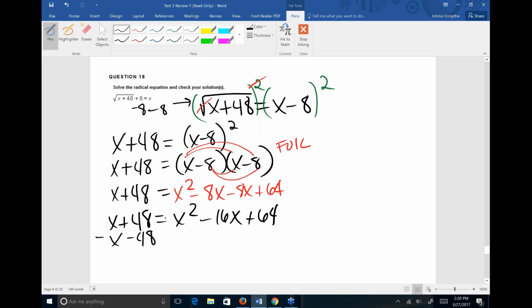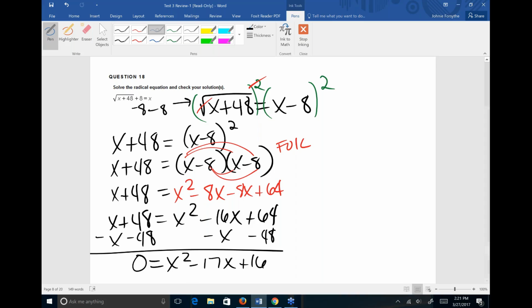If I were to move this x squared to the left, I'd have a negative x squared, and that would just make things more difficult. So I'm going to subtract x and subtract 48. Now I have 0 equals x squared minus 17x, and then 64 minus 48 is 16.